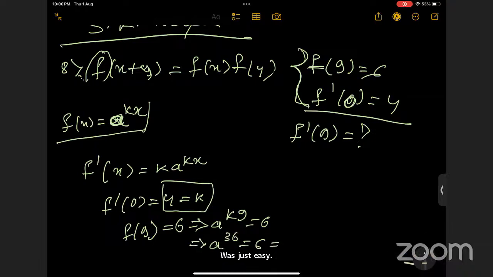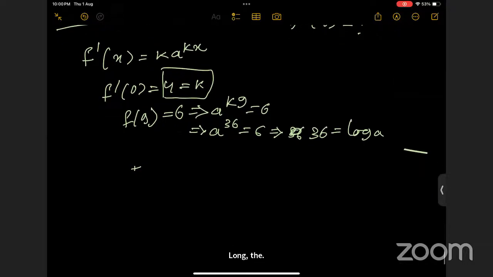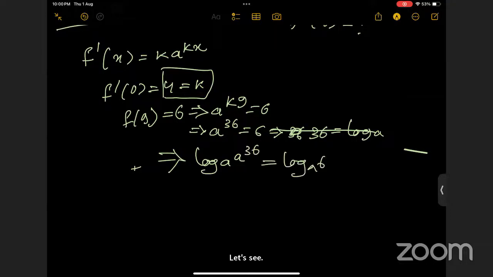That means this will imply 36... sorry. We'll take log, right? Yeah, we can take log, then 36 will be some log of a base 6.